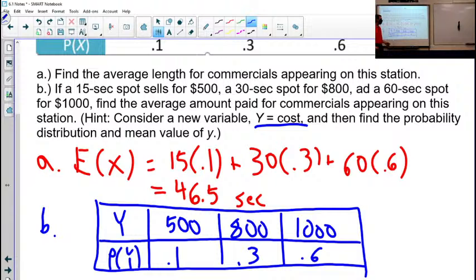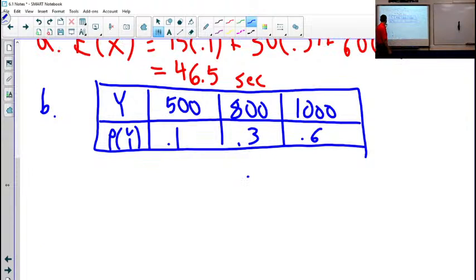But that gives a slight tweak to the formula. So we need expected value for y. Value times probability of it happening.